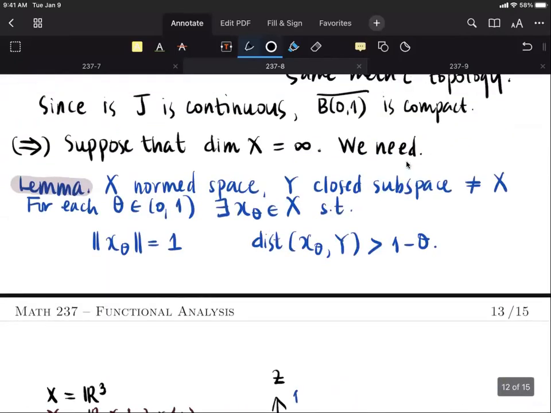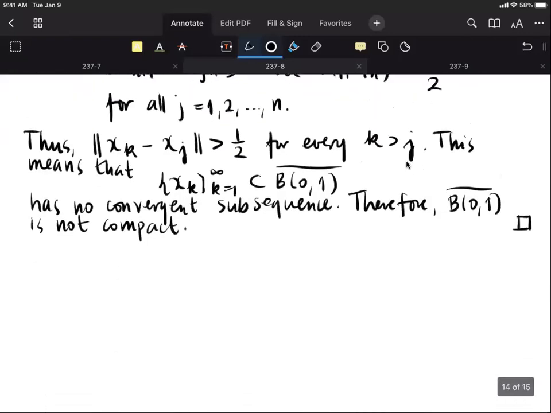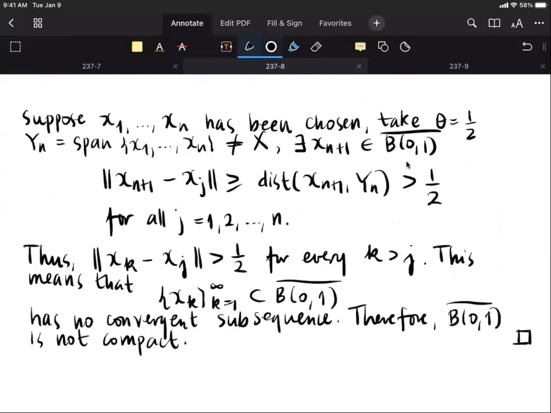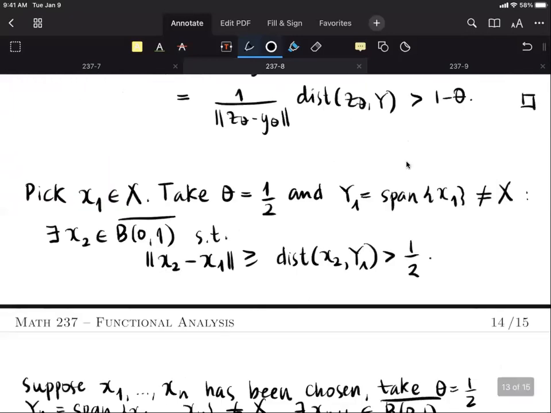So if your vector space is infinite dimensional, then the closed unit ball is not compact. Okay, and that's the idea of the proof.